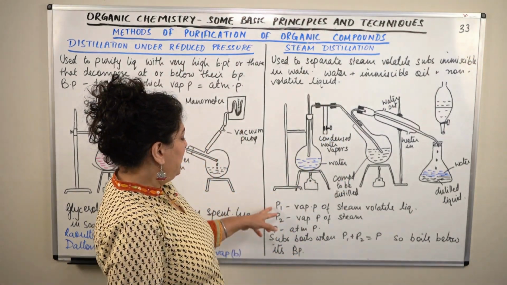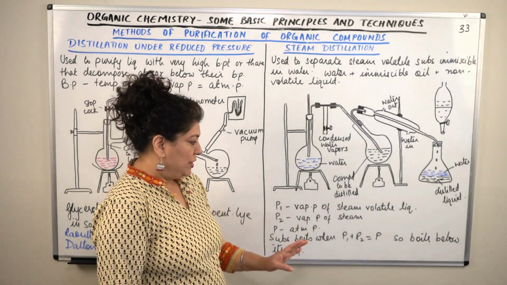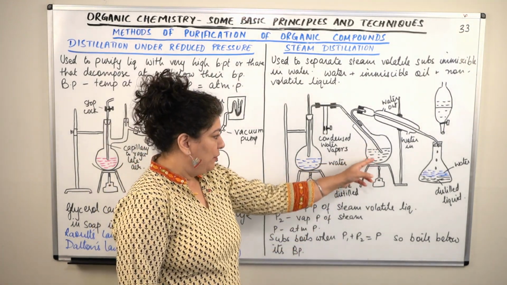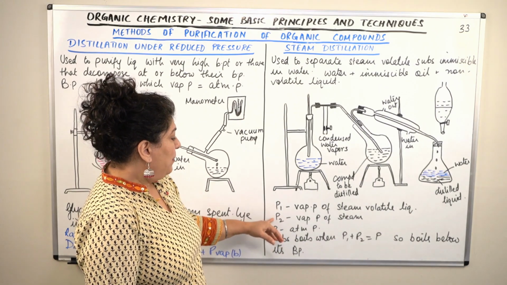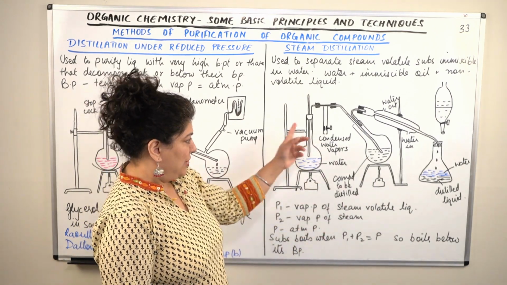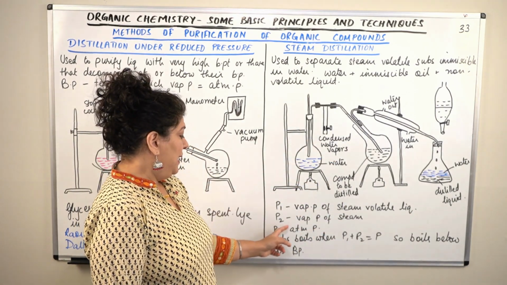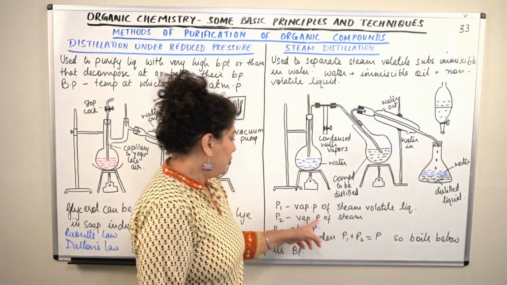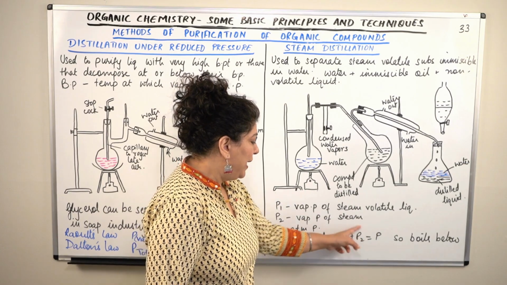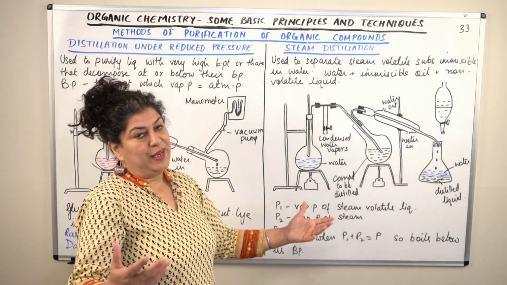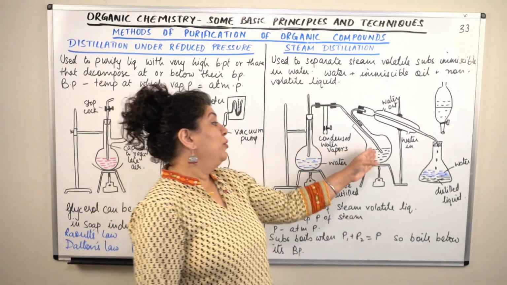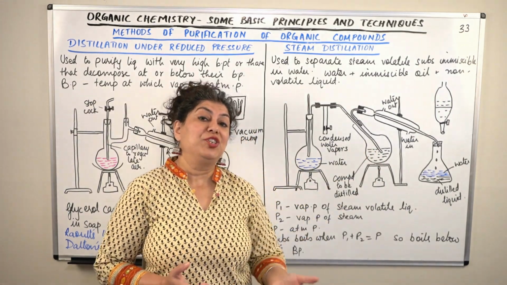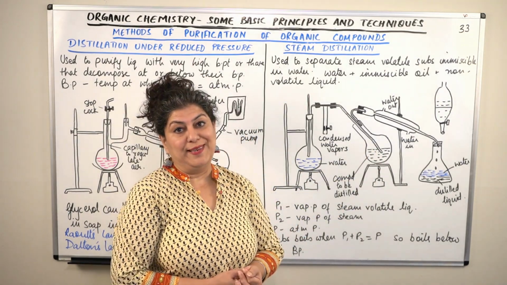So let us say that P1 is the vapor pressure of the steam volatile liquid. The steam volatile liquid is the immiscible oil, and P2 is the vapor pressure of steam. Then P is atmospheric pressure. The vapor pressure of steam and the vapor pressure of the steam volatile liquid together would form the total vapor pressure, and that is the reason why this liquid actually boils at a temperature lower than its boiling point.